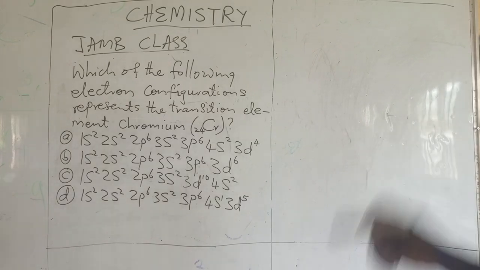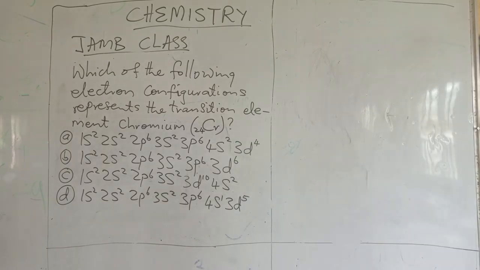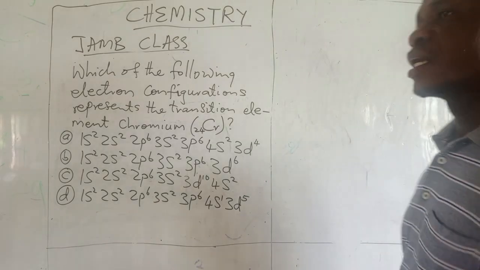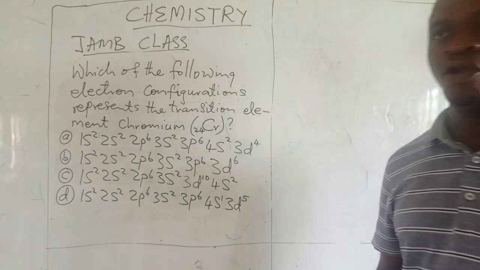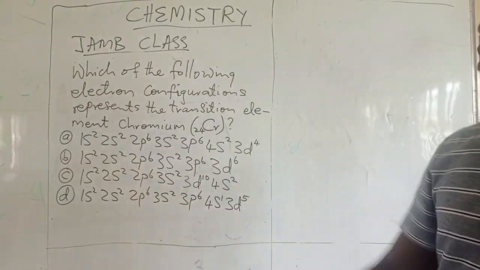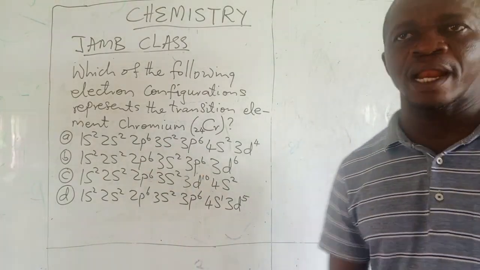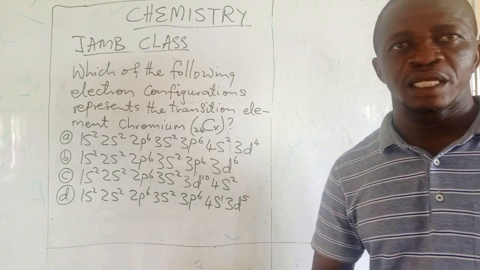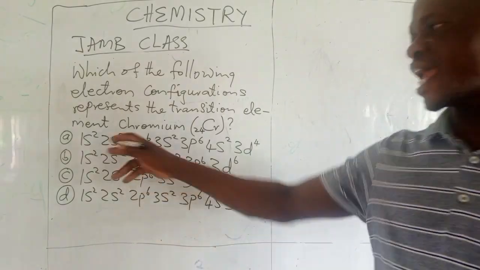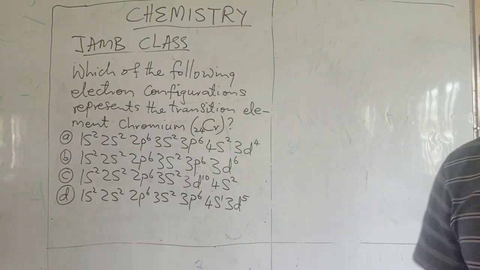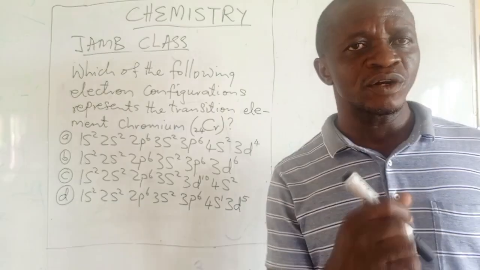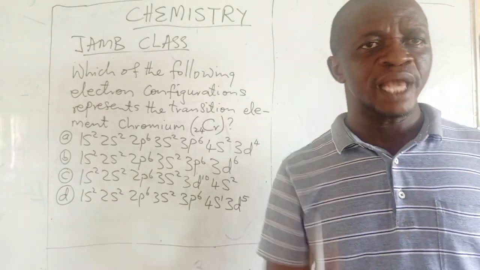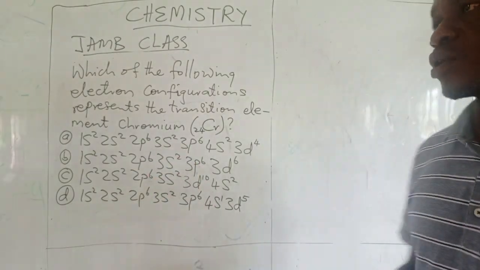To find this, if you do not know how to write the electronic configuration of the first 30 elements in the periodic table using SPDF notation, you may not be able to get the answer to this question.